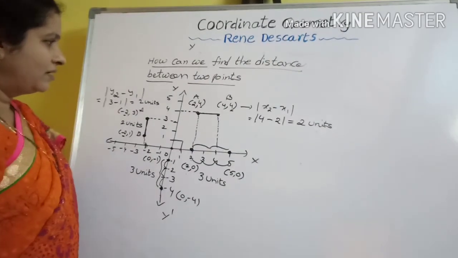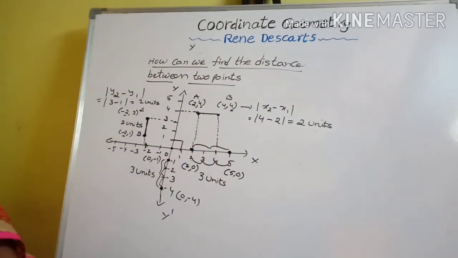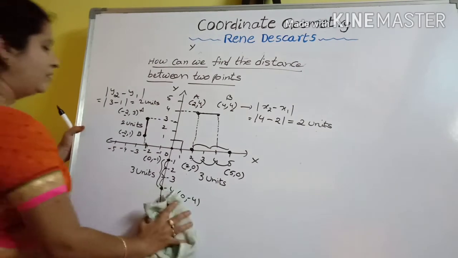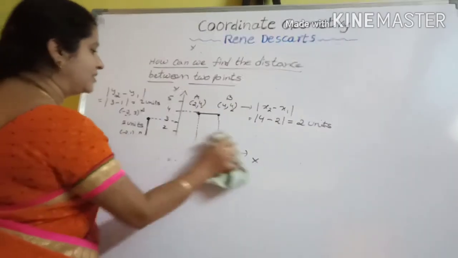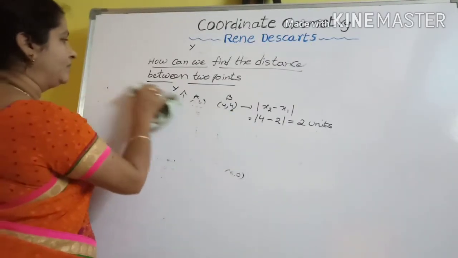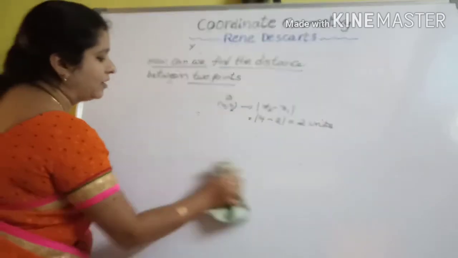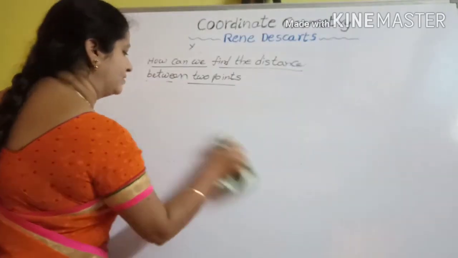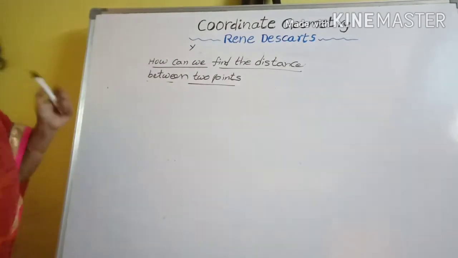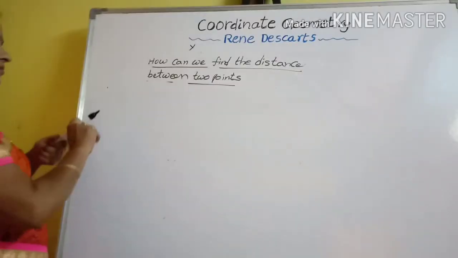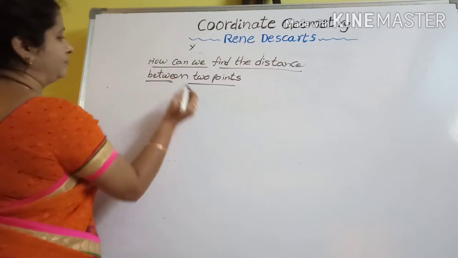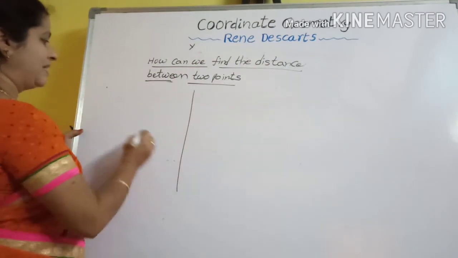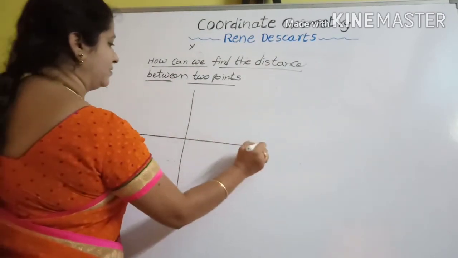Okay, understood? Next we will continue: how can we find the distance between 2 points if the 2 points are in different quadrants. Same quadrants or different quadrants.